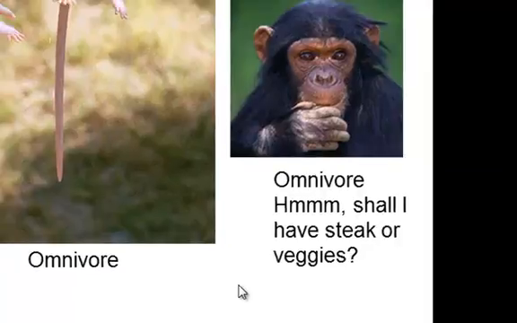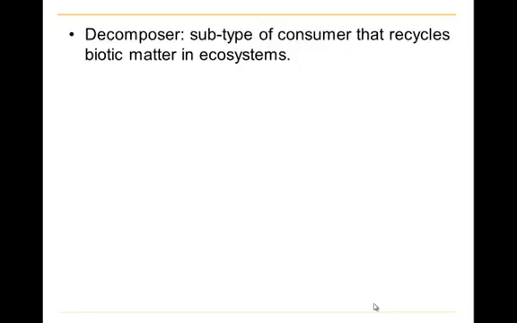Why not? Before we leave this module, I do want to address decomposers. Decomposers are also consumers. They're a specialized subtype of consumer, and they have a special role in which they recycle biotic matter in ecosystems. When we use the term biotic matter, what we mean is molecules that are in the bodies of living organisms.